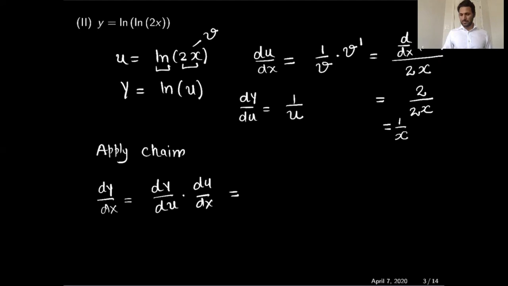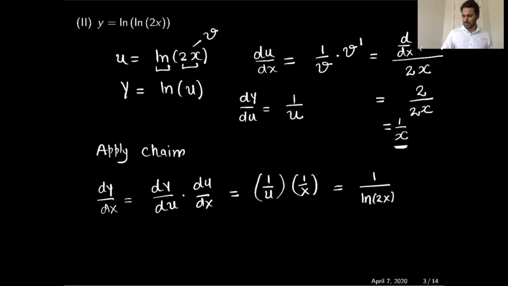So we will multiply the derivative of y with respect to u, which is 1 over u, with the derivative of u with respect to x, which is 1 over x. So I will multiply both these terms. And since I would like to have my answer all in x, I will replace u. What is u? Natural log of 2x, multiplied by x. I will multiply x here. So that's my final answer.